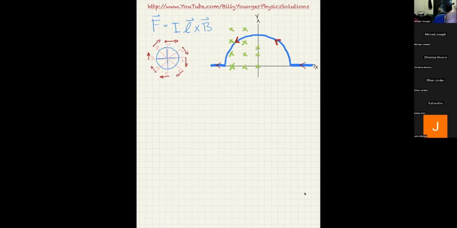And it only exists basically, I drew that last one in a bad spot. And it only exists near that curved part of the wire. In other words, it doesn't exist on the straight parts that you see to the left and to the right, which is really convenient because I don't want to mess with that. Okay, so these are all magnetic fields going into the board or into page.